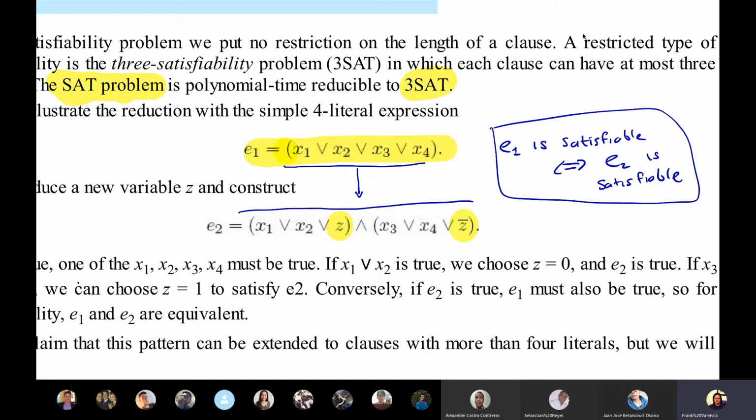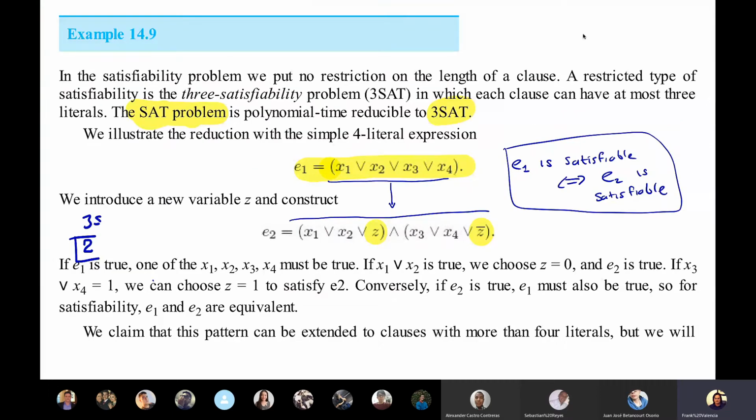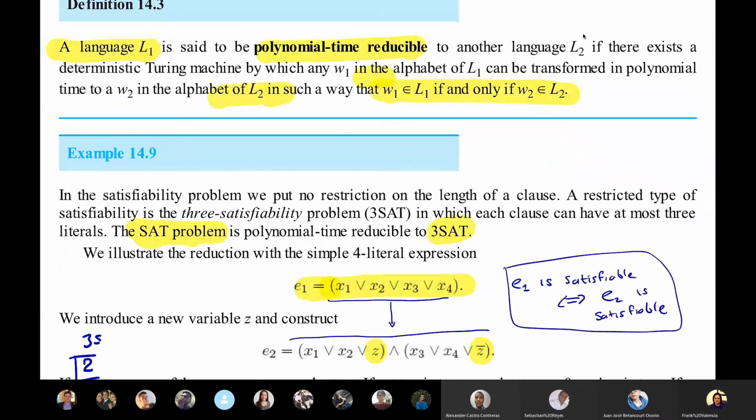Okay, and now this part here. So this formula is in SAT if and only if this formula is in 3 SAT, and you have argued that is the case. You also need to prove that this transformation can be done in polynomial time.